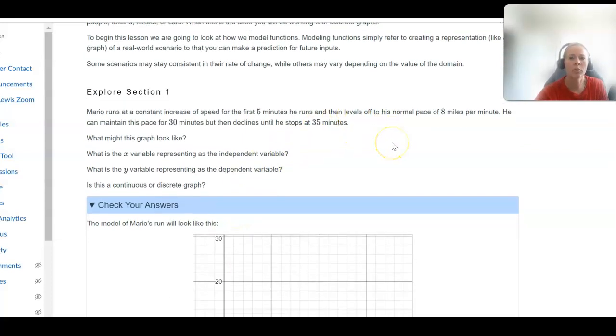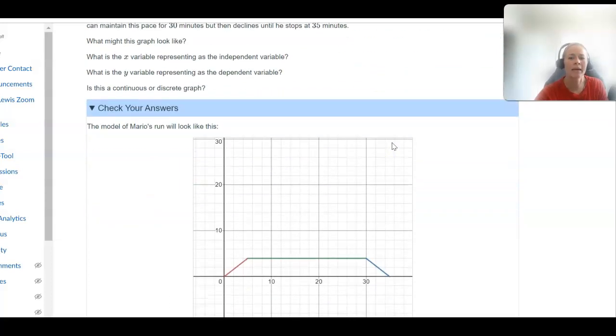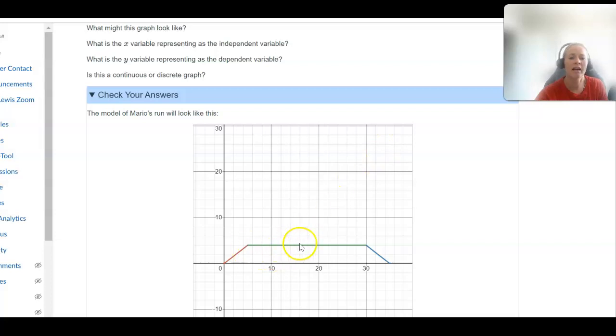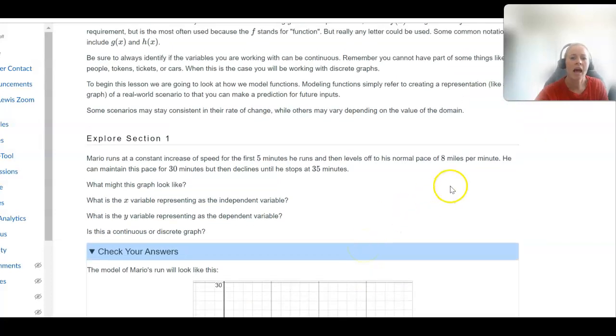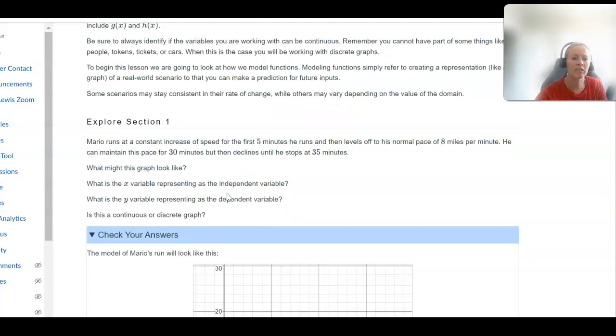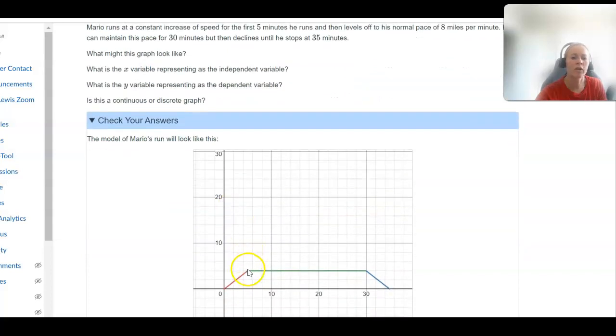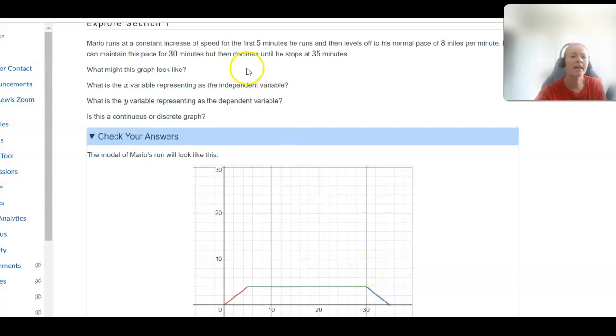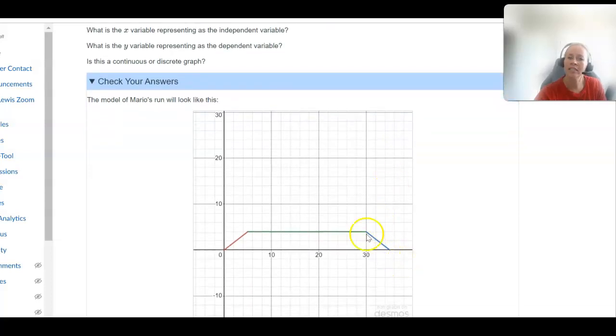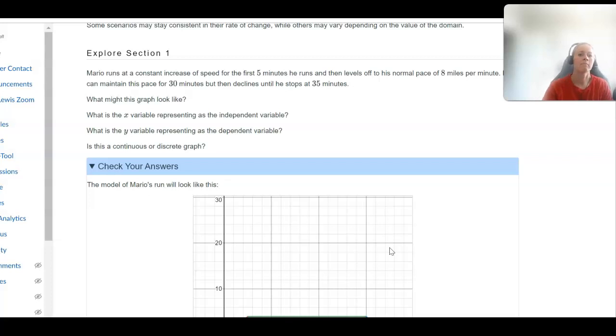He levels off to his normal pace of about 8 miles per minute, so he's got a constant speed. He can maintain this pace for about 30 minutes, then he declines until he stops at 35 minutes. You can see how this graph represents that.